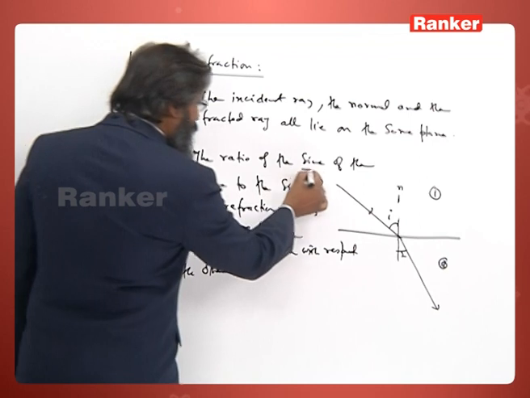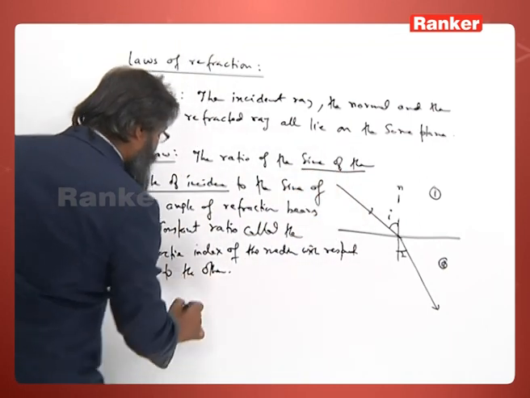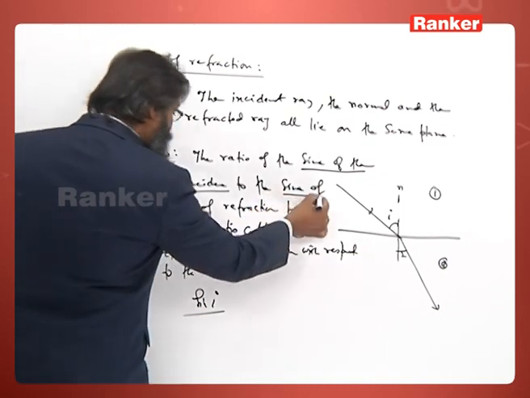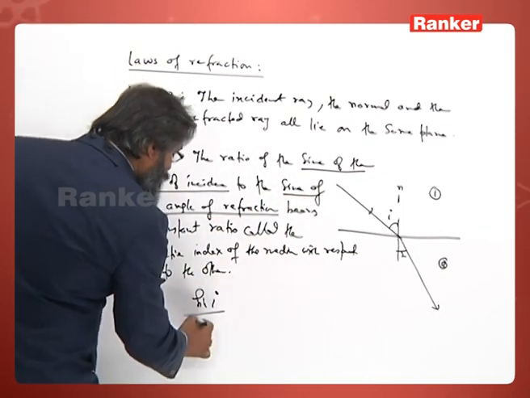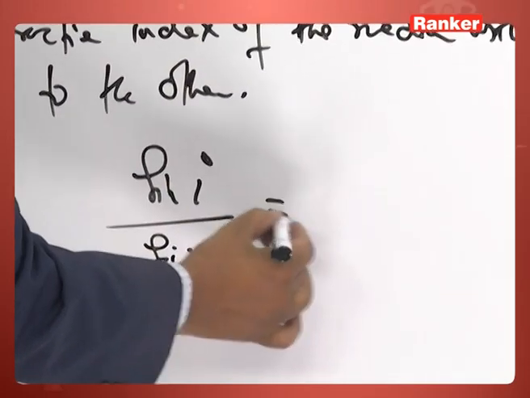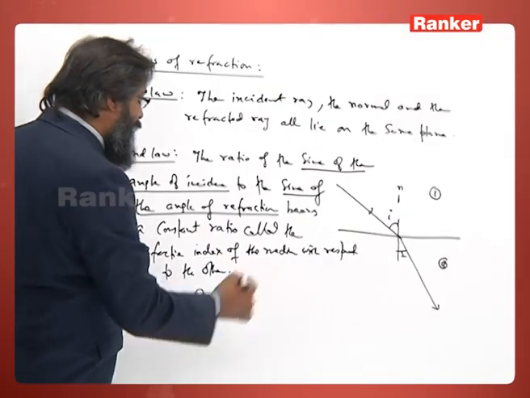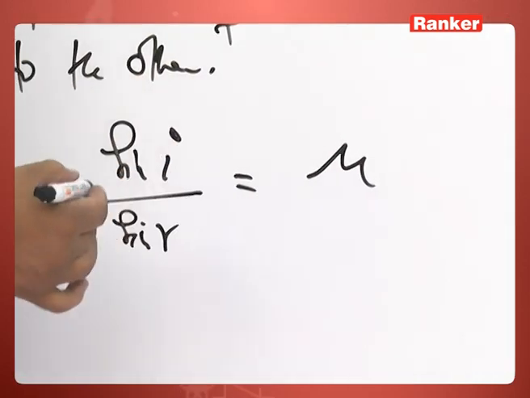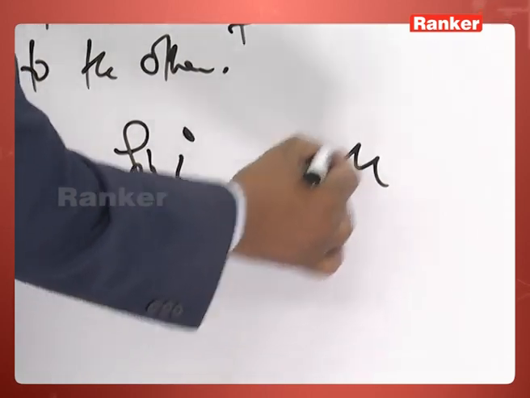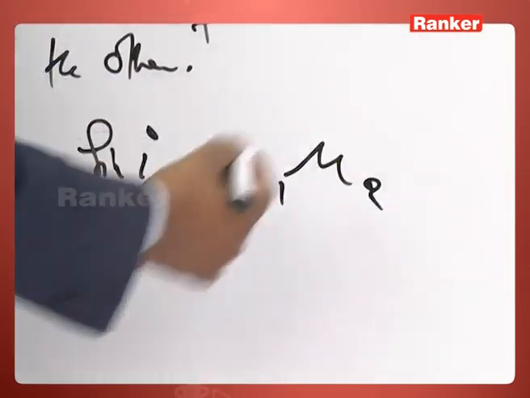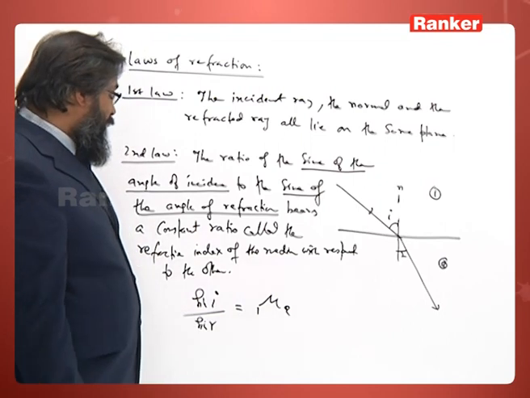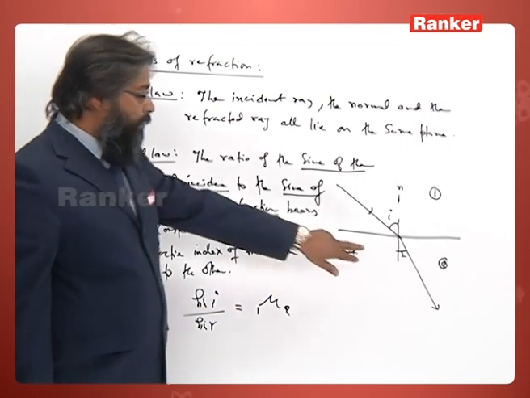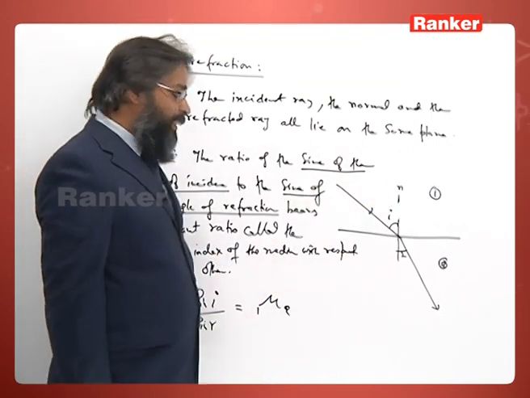The ratio of the sine of the angle of incidence to the sine of the angle of refraction bears a constant ratio which is called mu, which is, when the ray goes from medium 1 to 2, mu 1 2. That means this is the refractive index of this medium relative to this medium.